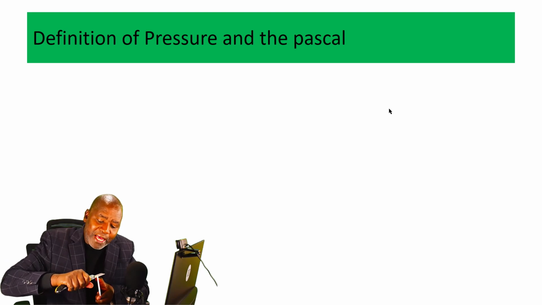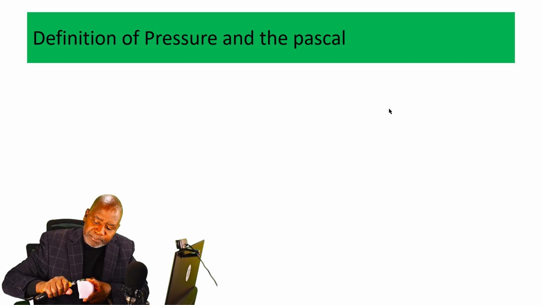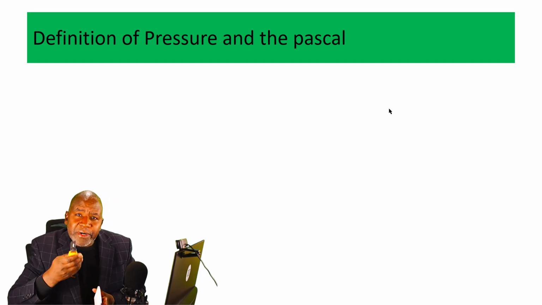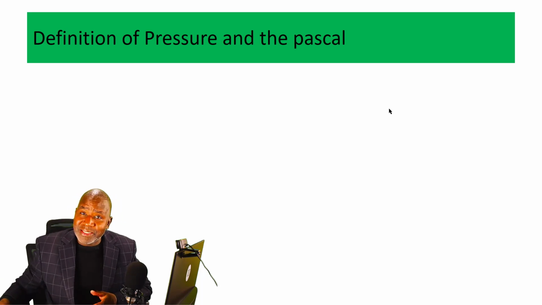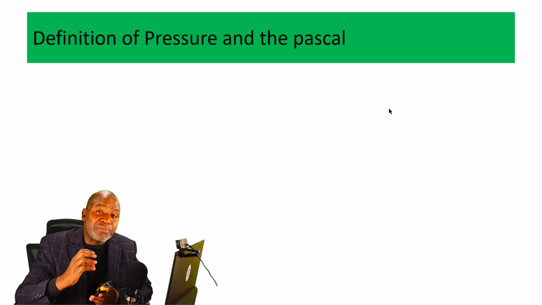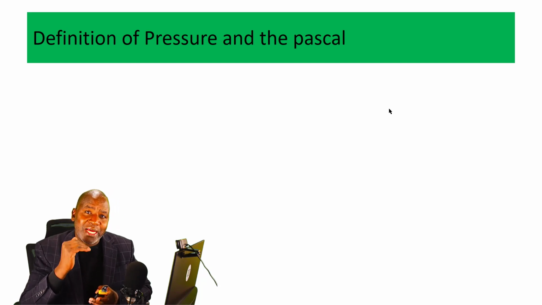But the moment I use this side, see, it cuts the material very easily. So studying pressure makes us understand why we want to use sharp objects such as knives and nails when we want these objects to penetrate other materials.